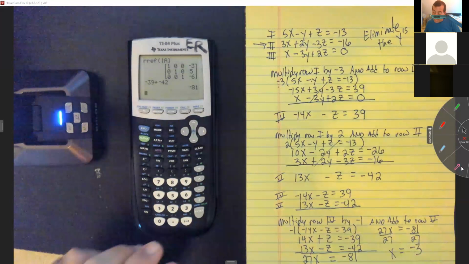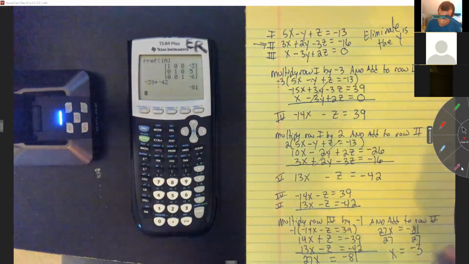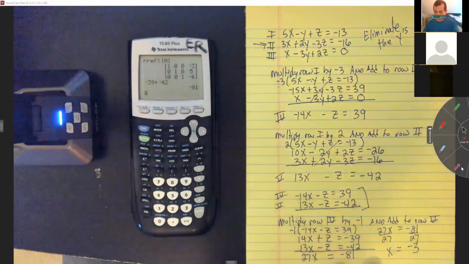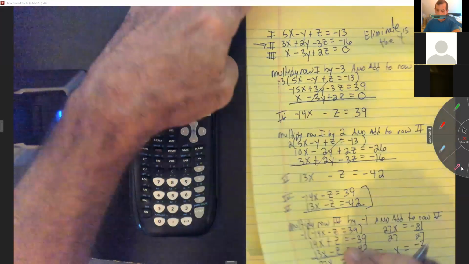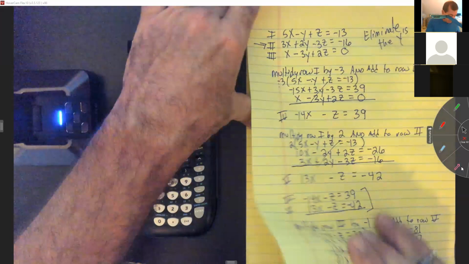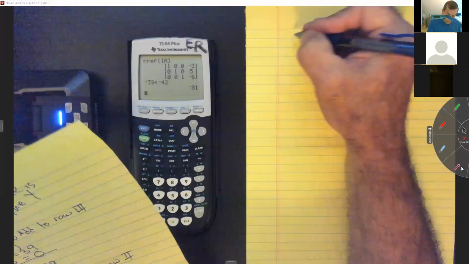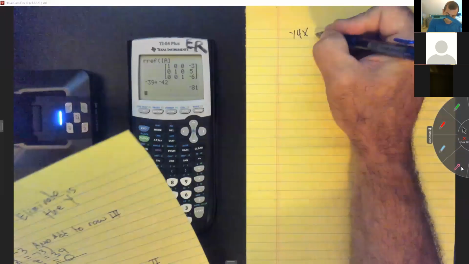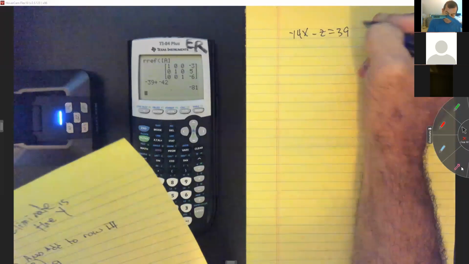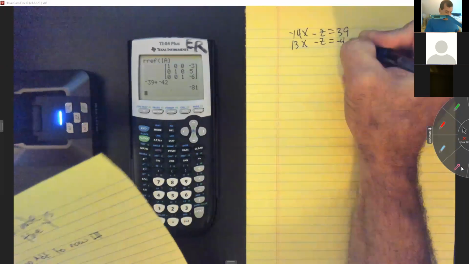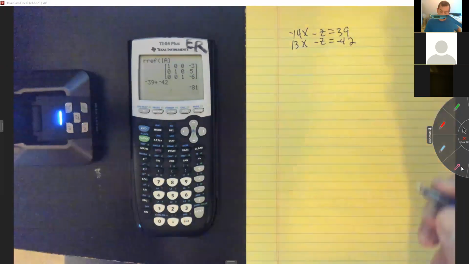All right, so now that I know x is negative 3, I'm going to plug that into one of these two equations here. So let me write the two equations. All right, so x was negative 3.